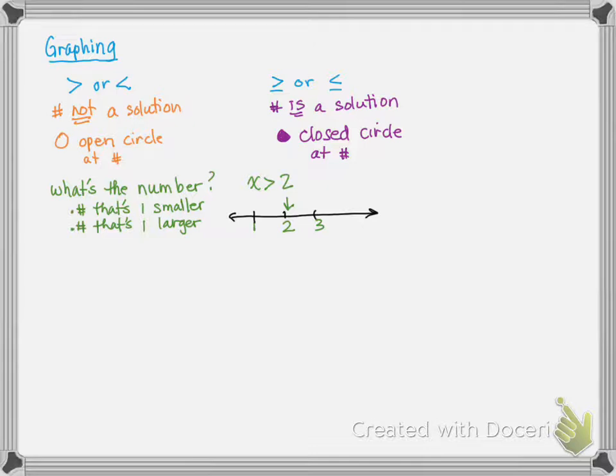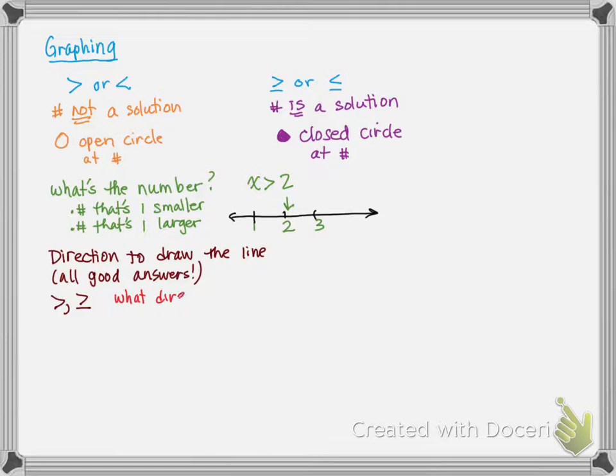Then we're going to group our inequality symbols a different way. So then this is going to be the direction to draw the line. Now the line is all good answers. Okay, so if we have greater than or equal to, what I want you to look at is this.